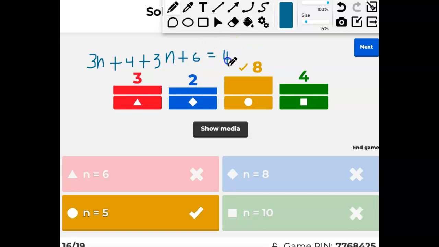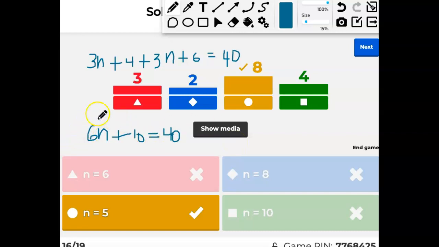Was that 40? Yeah. Okay, so 3n and 3n gives us 6n, and then plus 10 equals 40. We're not solving using an equation, just by mental math.